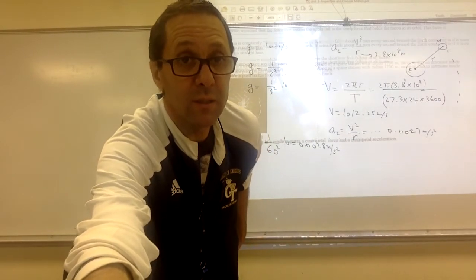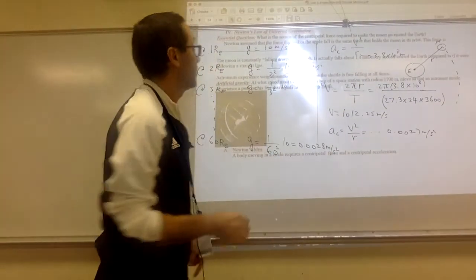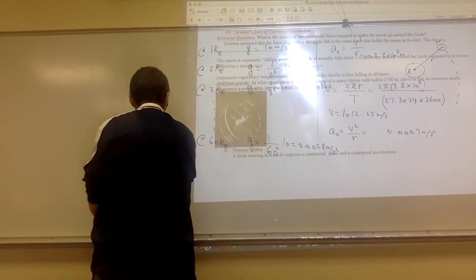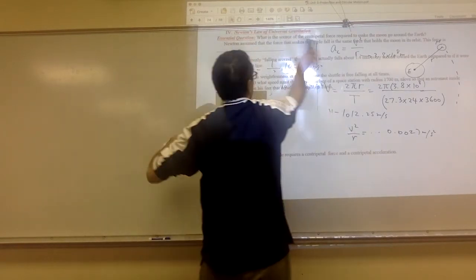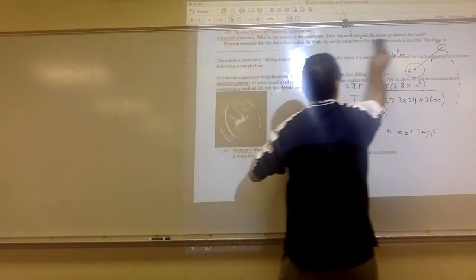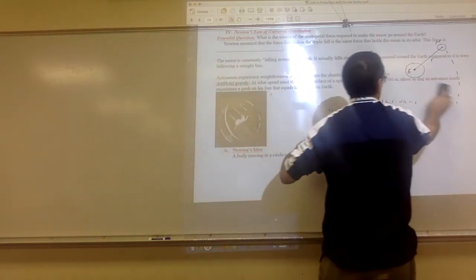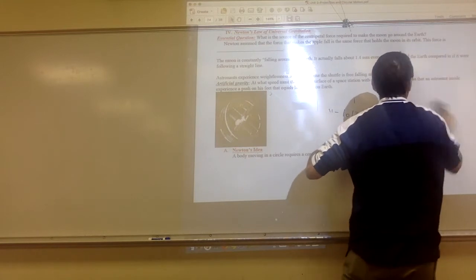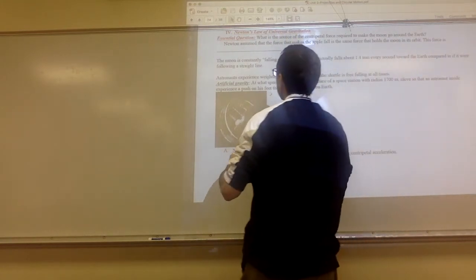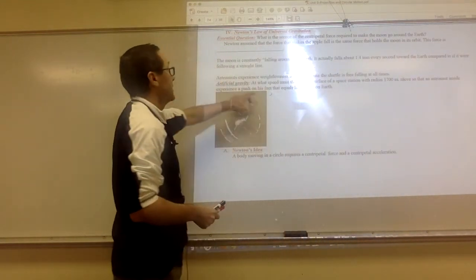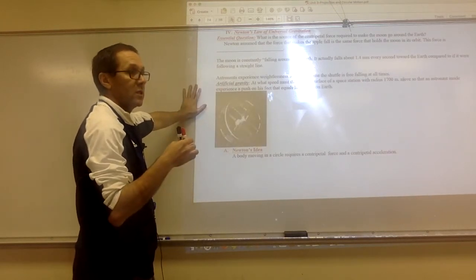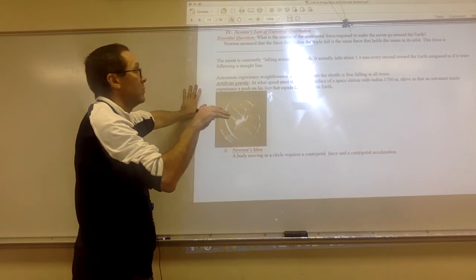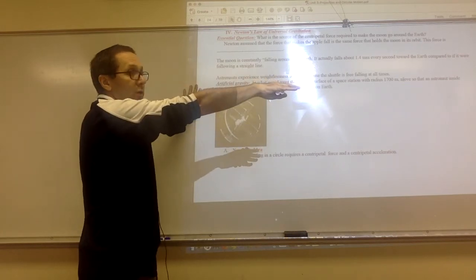Now I'm going to go up in the packet, so we pretty much just proved the first statement. Now I'm going to talk a little bit about, let's see. Okay. It says the moon is constantly falling around the Earth. In other words, if it was up to the moon, it would just continue straight.